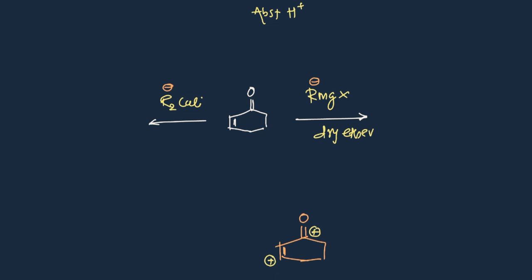How can they be differentiated? You know this carbonyl group reacts like this, and this is called a 1,2 type of reaction, where the nucleophile approaches here, and this type of addition is called 1,2.